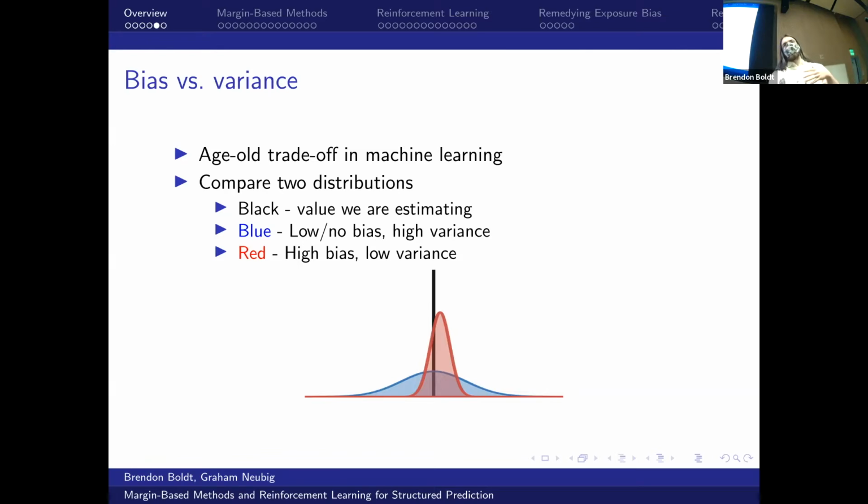It's only when we take very many samples that we will find the mean with some amount of accuracy. On the other hand, the red distribution is a bit biased. It's not centered on the value we want, but it's a lot tighter, has a lower variance, and it might actually give us a better estimate of this true value if we can only take a few samples.